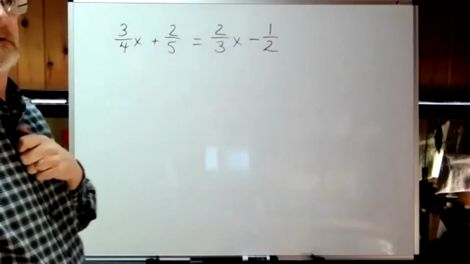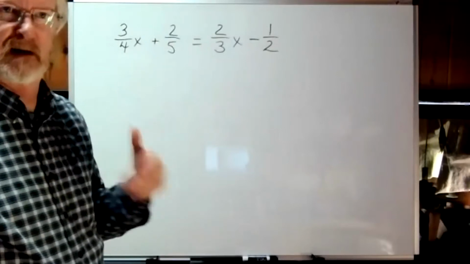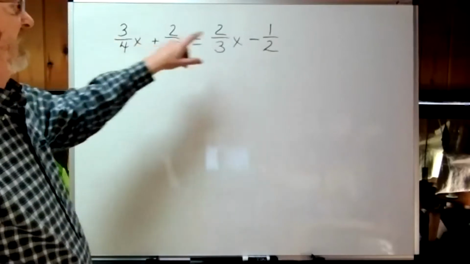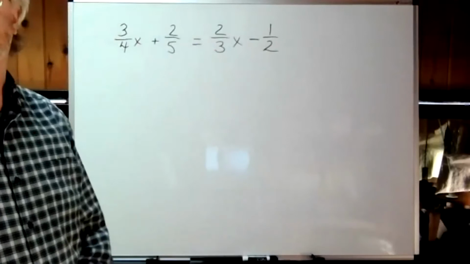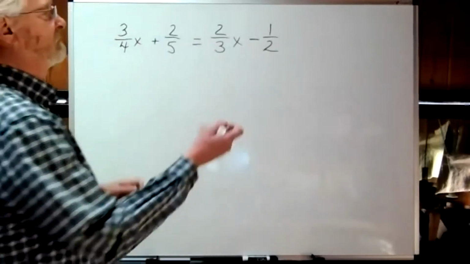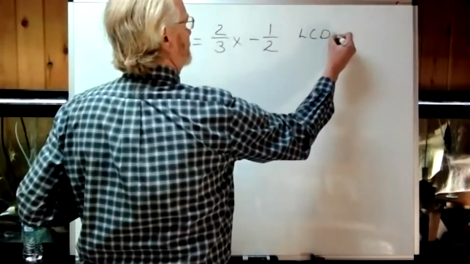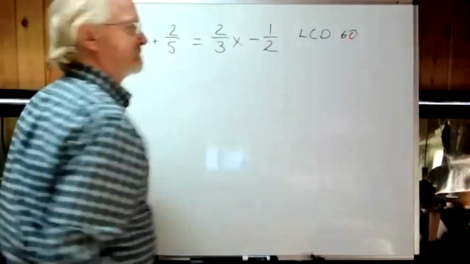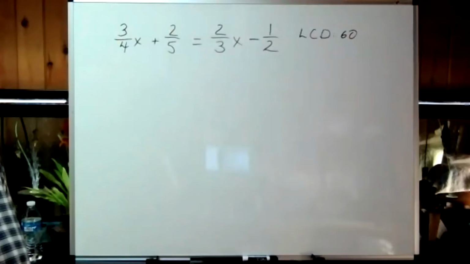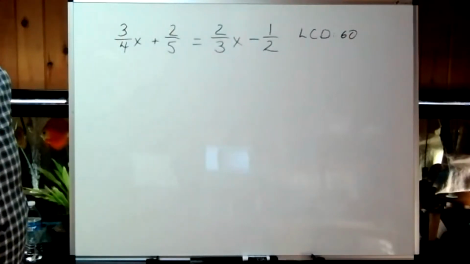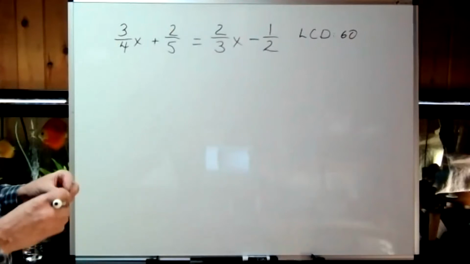So the factors I would use to make a common denominator for all of those fractions would be 4 times 5 times 3, or 60. So hopefully you're doing something like that, or something you know that works for you.